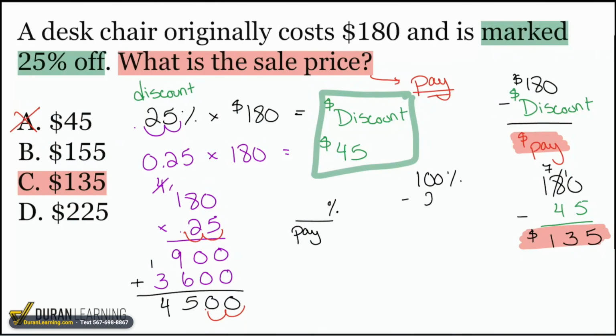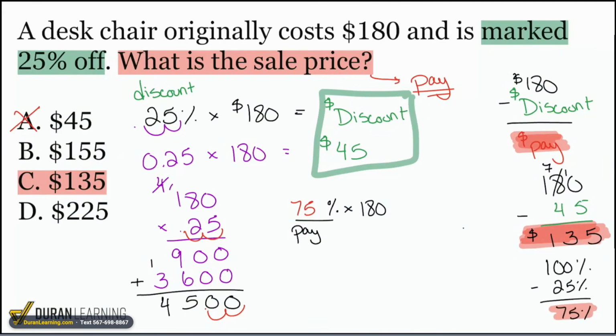You take away the 25% discount and you're left with 75%. That right there, again, is what you pay. Because if you plug in 75% and you multiply that, everybody, by 180, that's actually going to give you the correct final answer immediately. It's going to give you 135 right away.